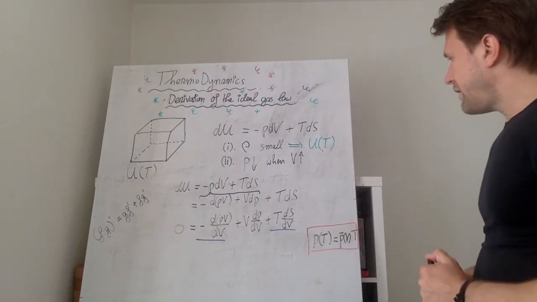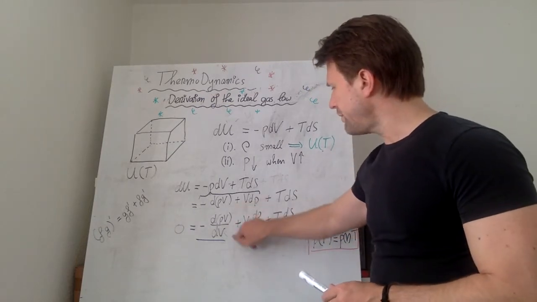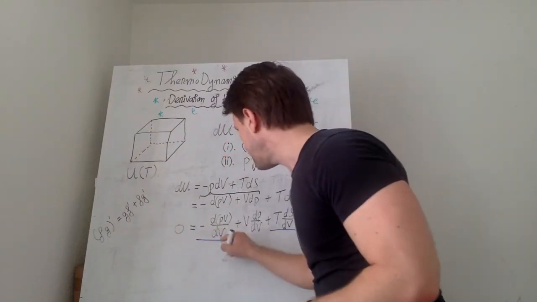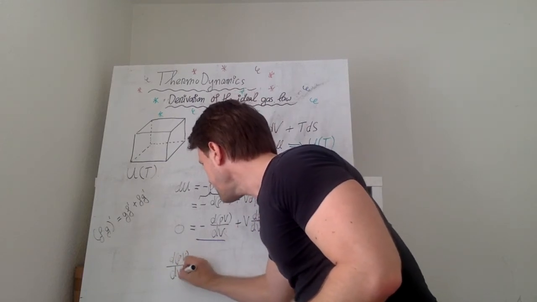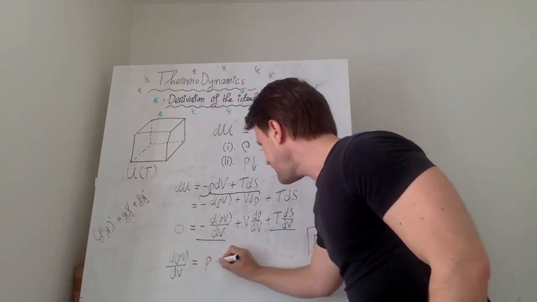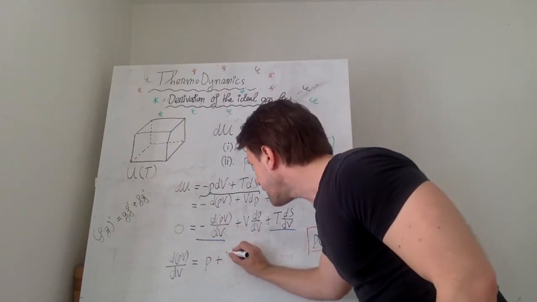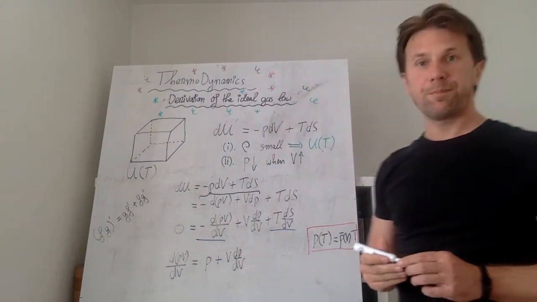Now I have to prove that that is the case, so let me do that here. I'm going to look at each of these terms separately, so let me start with this one. d(PV)/dV, I'm just going to write it out. Again, I can use the product rule. Then what I get is P plus V dP/dV. So there we go.